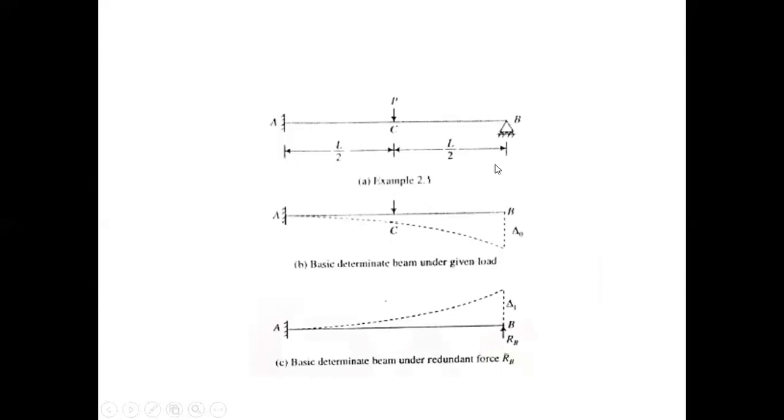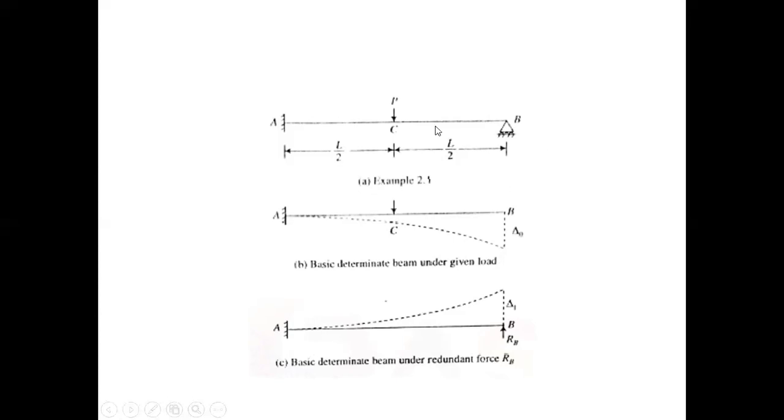When we have removed this roller end, this is a cantilever beam, and this is a basic determinate structure. By removing this support from the end B, under this load P, this structure will deflect like this. So the net deflection at the end B will be taken as delta 0, or we can simply say delta naught.